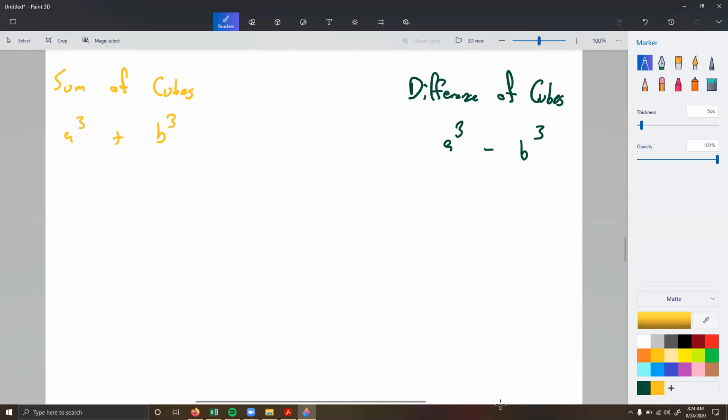So with the sum of cubes, I'm going to give you the formula, and you're going to think it's crazy. I'll show you it works. I'm going to show you why it works. But the sum of cubes, it basically just falls apart to a plus b times the quantity of a squared minus ab plus b squared.